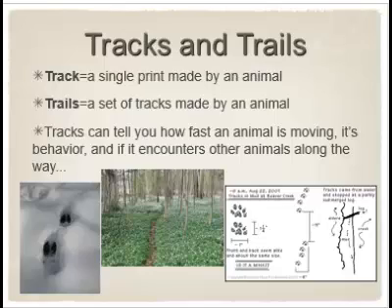This is a mink in this case. And you can see that the distance increases when an animal is running as opposed to when the prints are very close together. Tracks can then tell you how fast that animal is moving, and also its behavior, where it's traveling, what it's looking for, perhaps food, perhaps shelter, perhaps water.